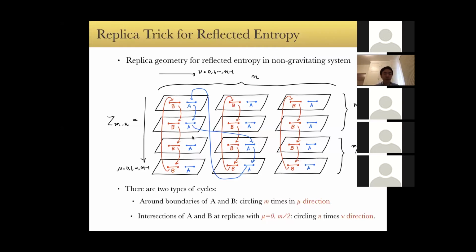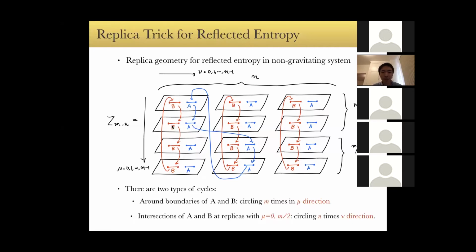But on the other hand, if you circle around in a different way, like going from A to B and going back from B to A, then in most of the replica sheets it just gives a trivial cycle, so you just circle around once.